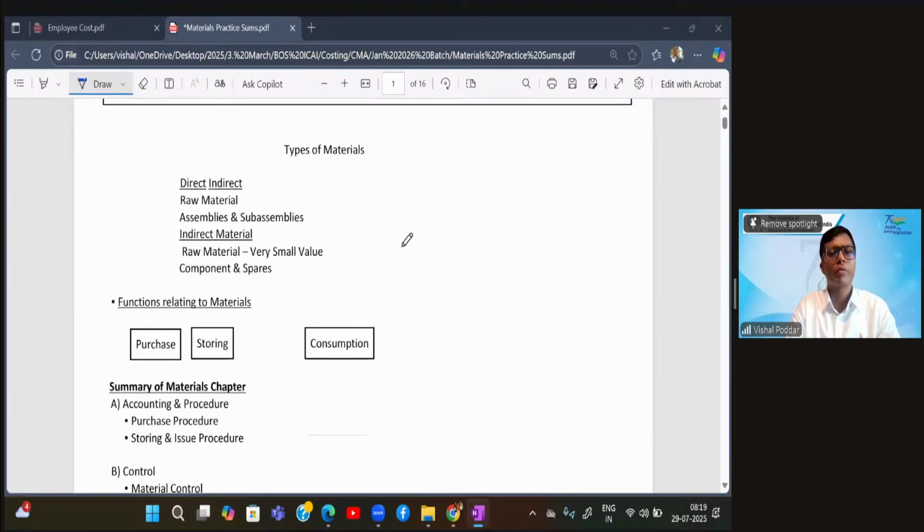Please do refer to your module so that you have a comprehensive understanding of all theory questions. But I think labor cost and employee cost are one and the same, Medha. Do we have two different chapters in our module? As you are saying, chapter 3 employee cost, chapter 5 labor cost. I don't think so.